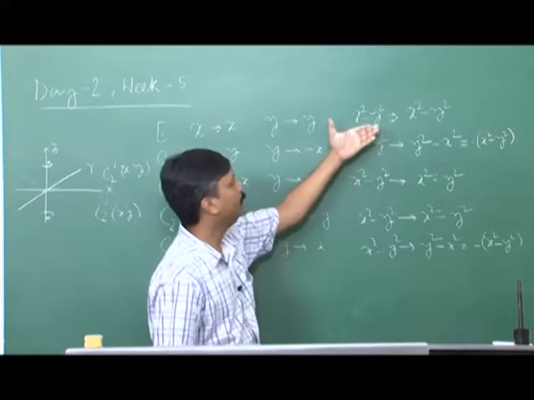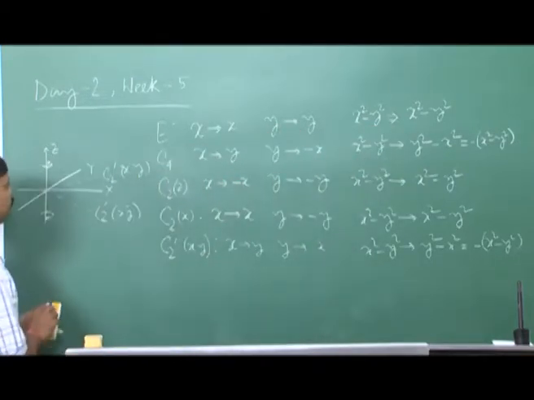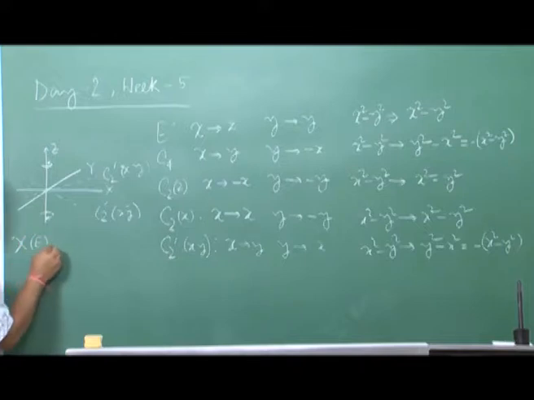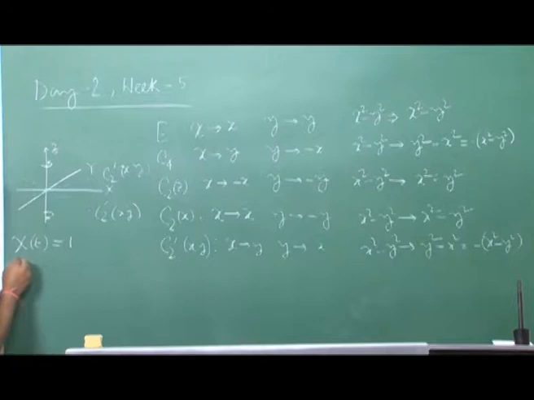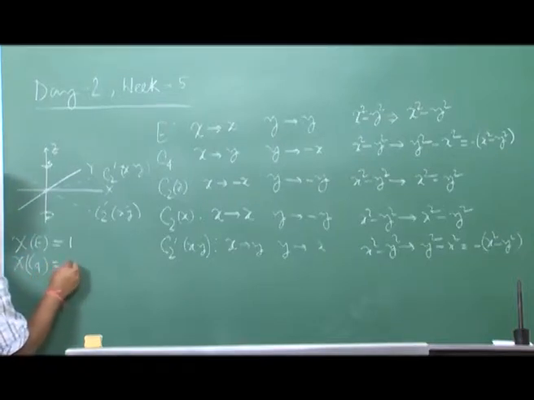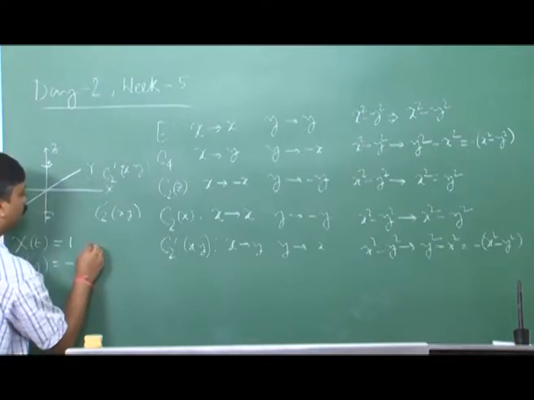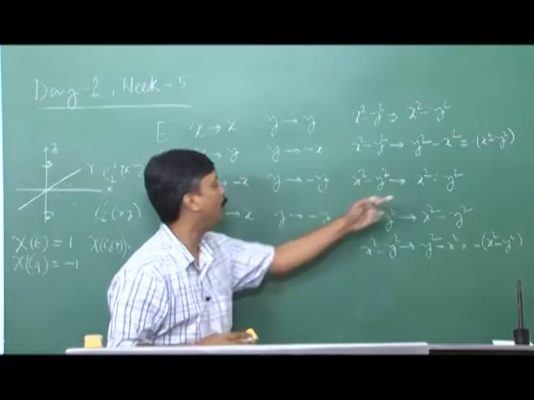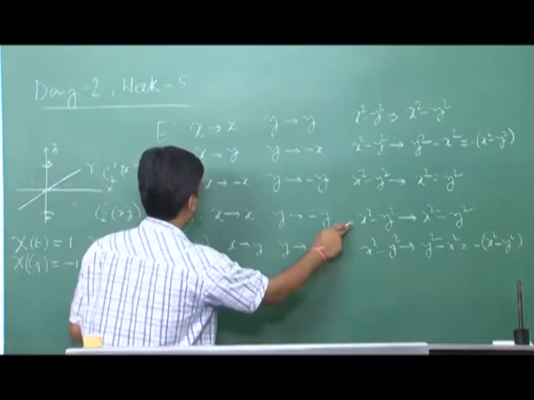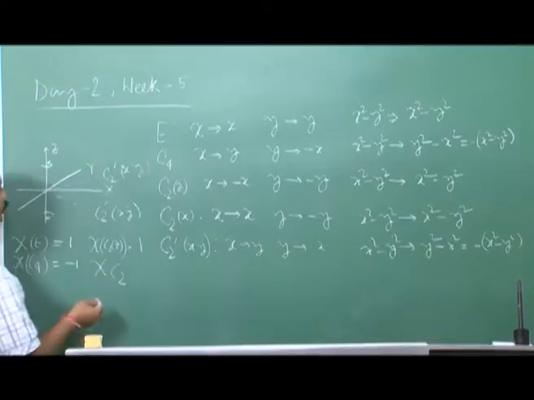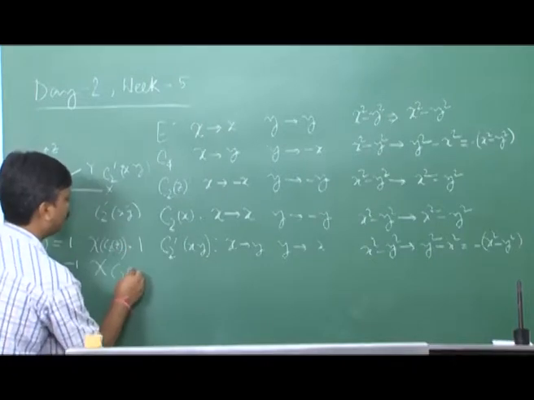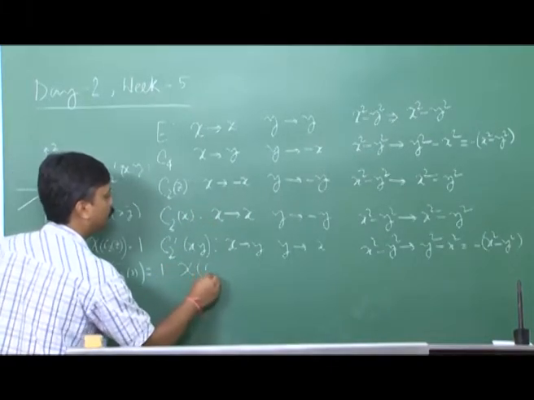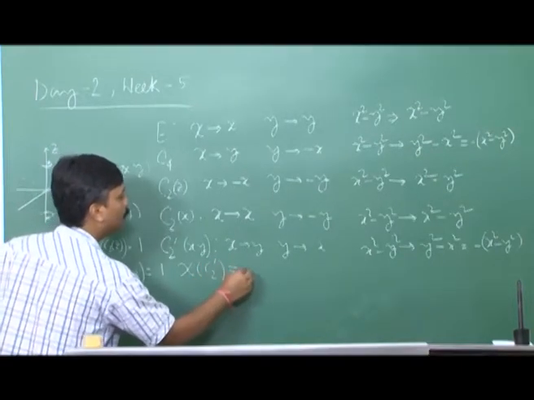And you can see here, suppose I write chi of E equals 1, and then chi of C4 equals minus 1, and then chi of C2Z equals 1, and chi of C2x is equals to 1, and chi of C2 prime equals minus 1.